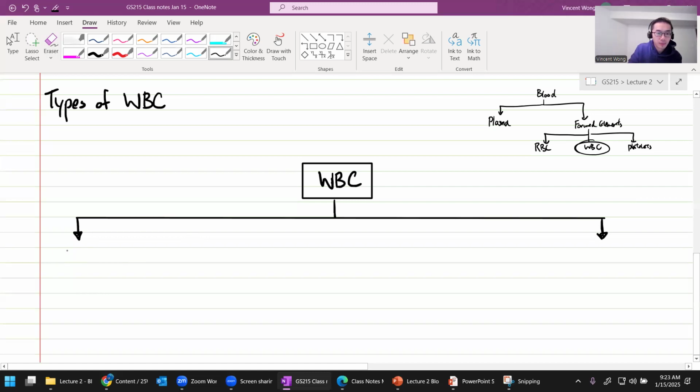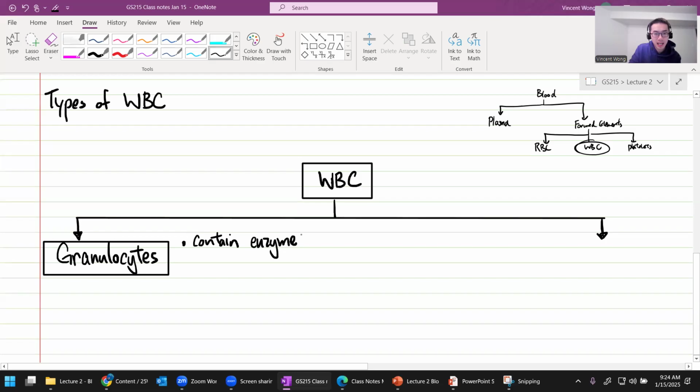All right, so this is called granulocytes. A white cell is considered a granulocyte if it contains granules.